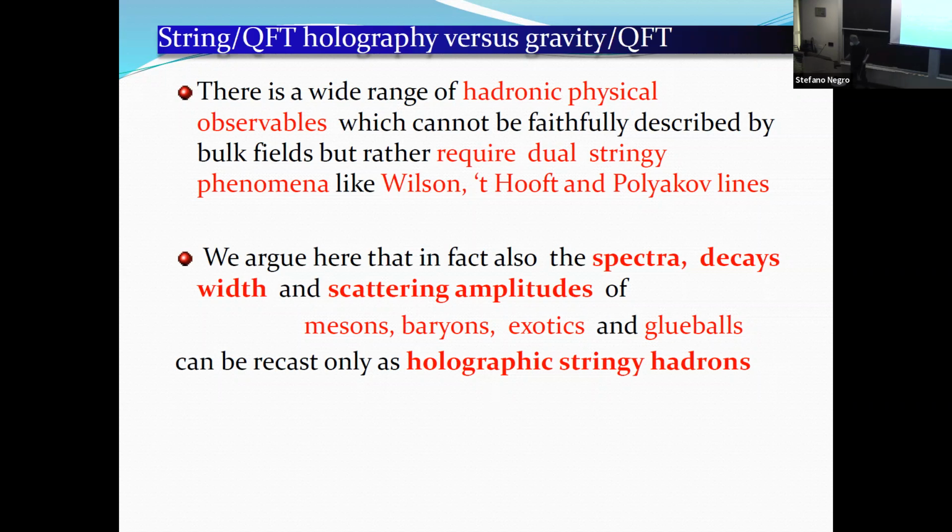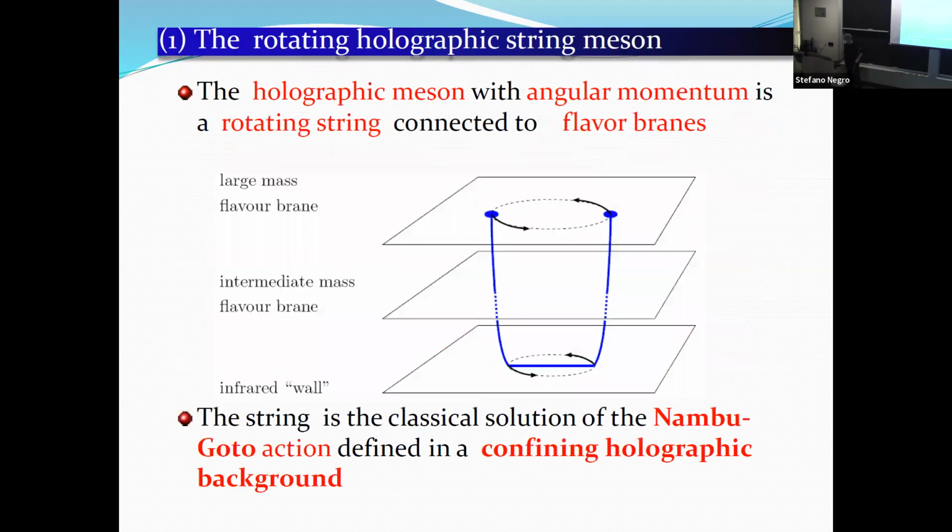Okay, so we now look for classical solutions of the Nambu-Goto equations of motion in this kind of background. Well, it's type 2, so you cannot have strings ending on any point in space-time, but rather only on this flavor brane.